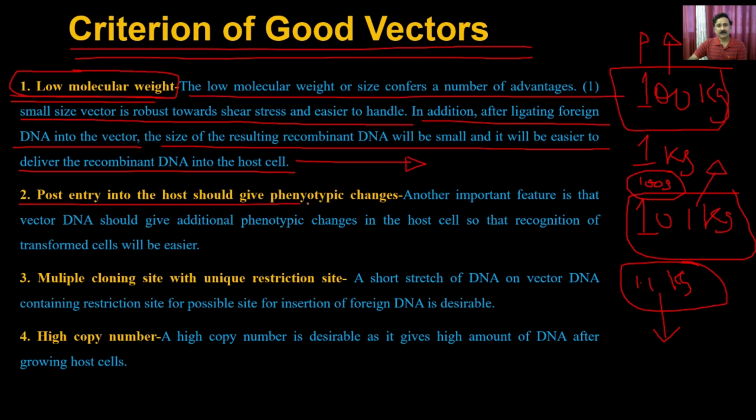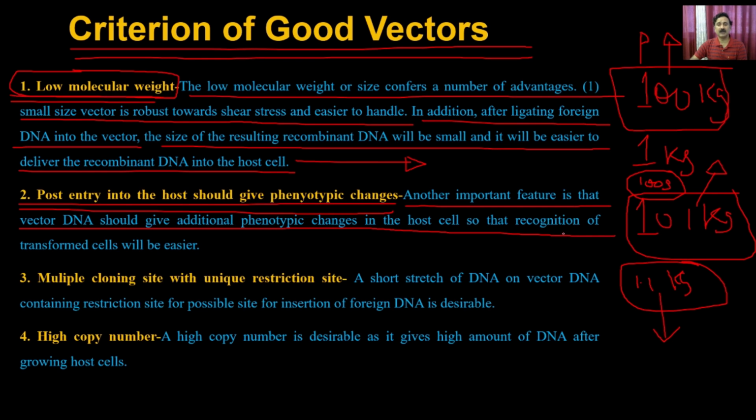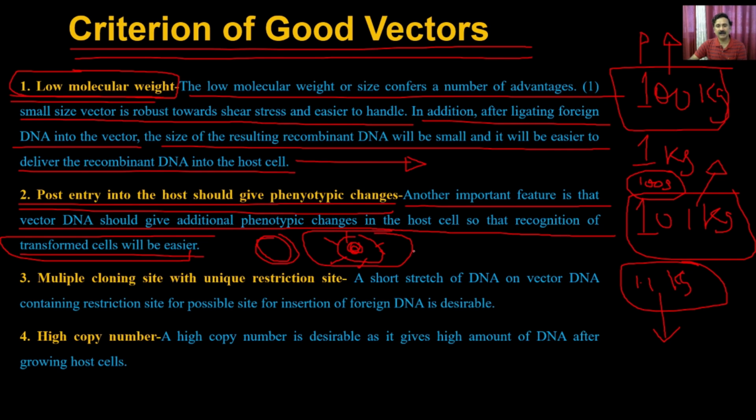The second, which is very important, is that once the vector enters the host, for example bacteria, yeast or mammalian cells, it should give some kind of phenotypic change. The vector DNA should give additional phenotypic changes in the host cell so that recognition of the transformed cell will be easier. Which means, if this is a cell and this is a cell which got the vector, it should have some phenotypic change that you can see by looking at the cell, the appearance of a colony, or by employing some screening criteria.